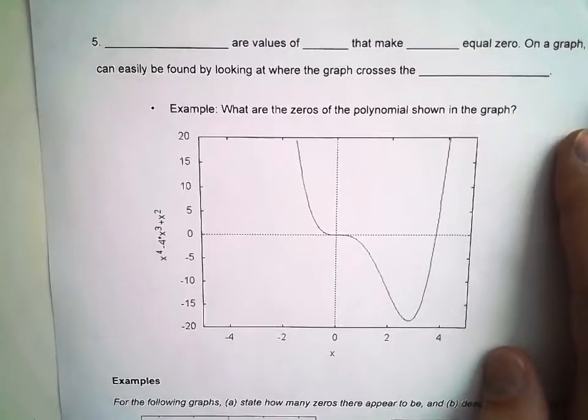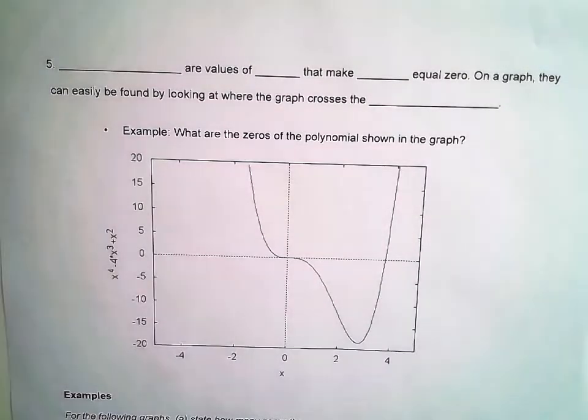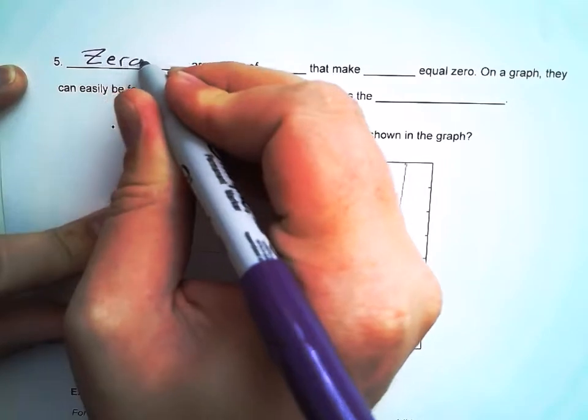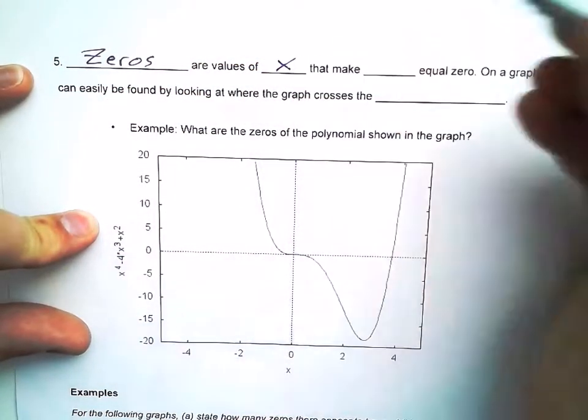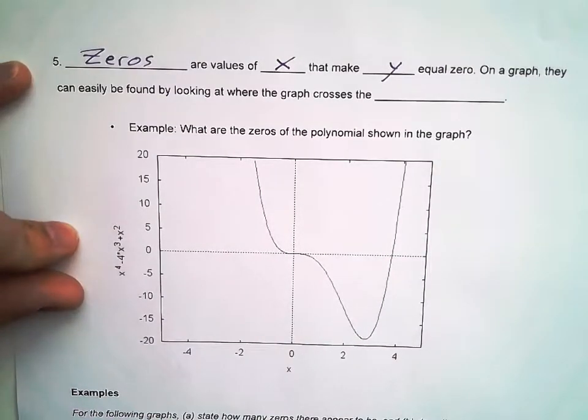Now, next page. This first one, going to say zeros are values of x that make y equal 0.